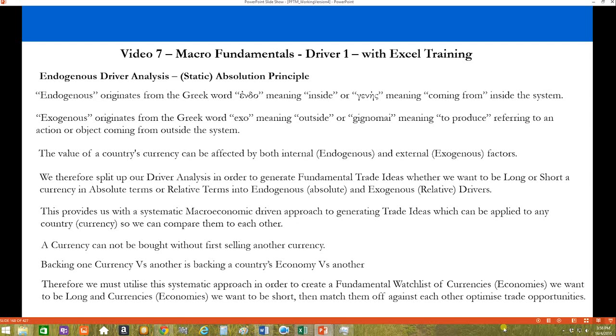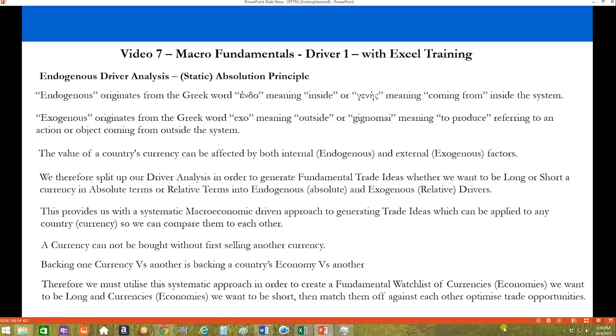Well, the endogenous driver analysis, and this is where we're going to start. The endogenous driver analysis is predicated on a static or absolute principle. So the word endogenous basically originates from the Greek word endo, which means coming from inside the system. And the word exogenous originates from the Greek word exo, meaning outside.